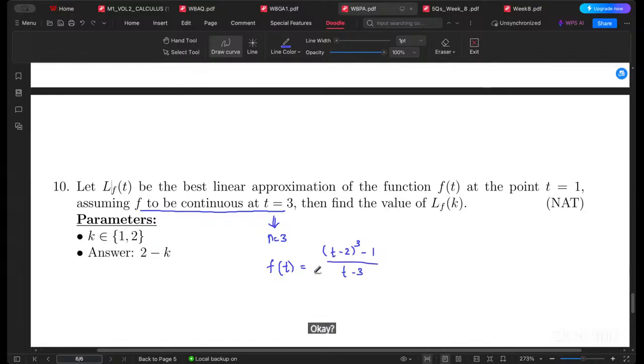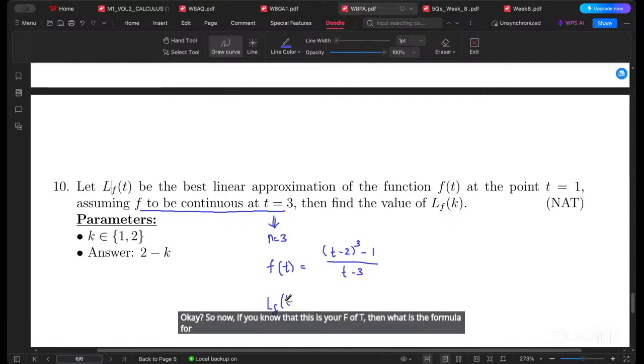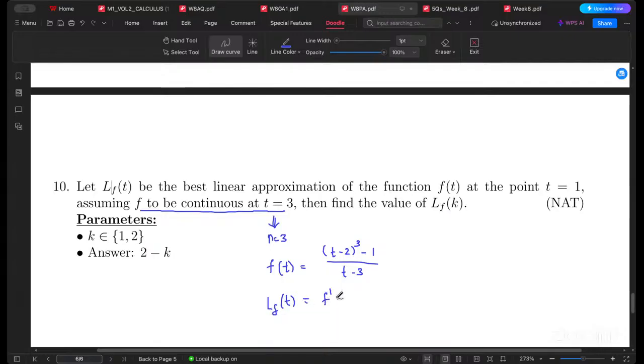Okay. So now if you know that this is your f of t, then what is the formula for LF of t? f dash of t into (t minus 1) plus f of 1, right? So how can you do this?